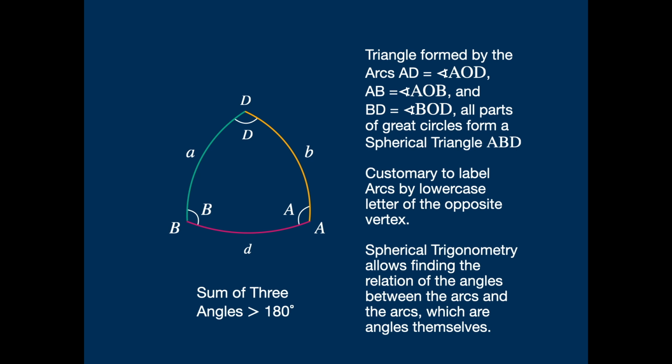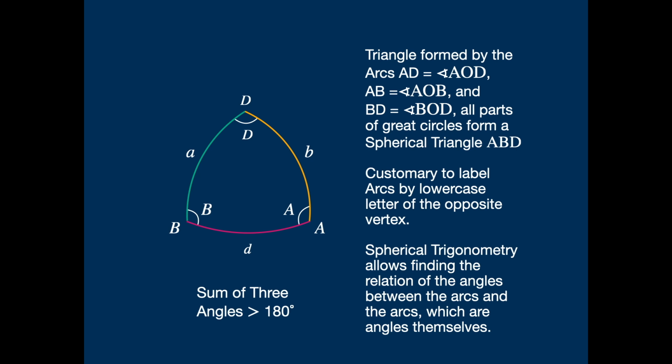Note that we now have two types of angles. One angle is given by the arc itself, because the arc is an angle subtended at the center. Then there are also angles between the arcs, for example at these vertices. So you have an angle D at vertex D, angle A at vertex A, angle B at vertex B. What are these angles? Suppose you draw at D two tangents.